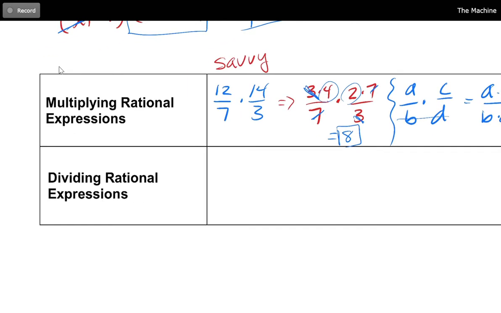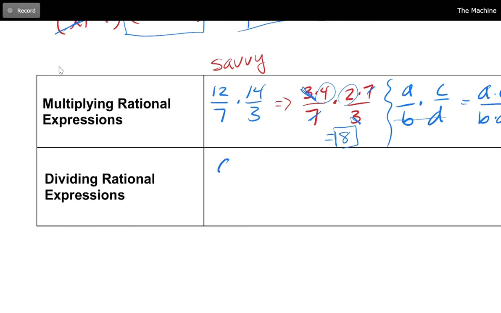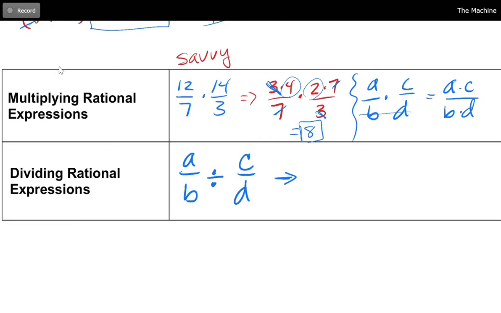Now, dividing rational expressions, you're going to love this. A over B divided by C over D. Whenever you feel like dividing one fraction by another fraction, don't. What you want to do is multiply by the reciprocal of the divisor. The second one is the divisor.